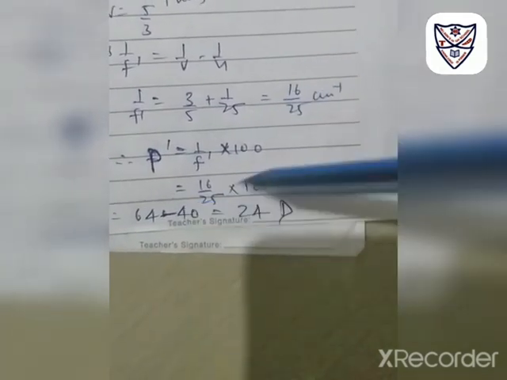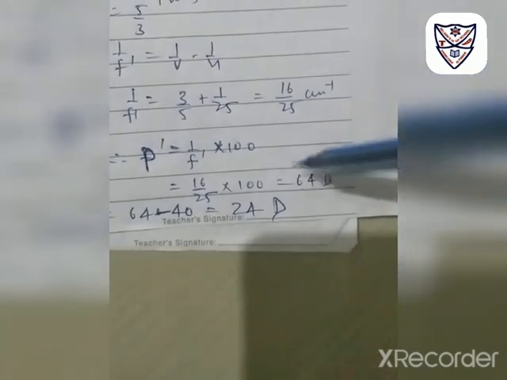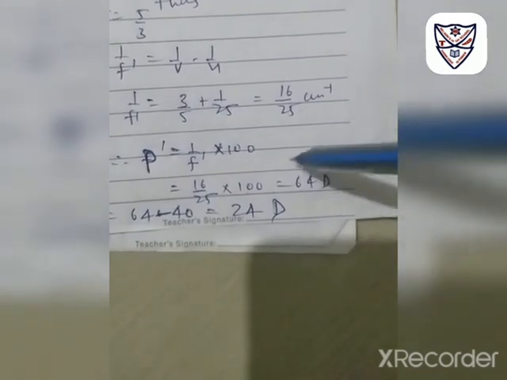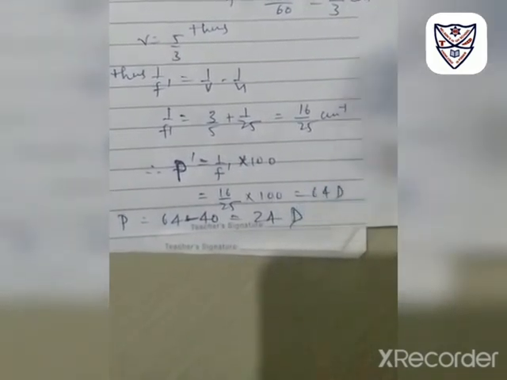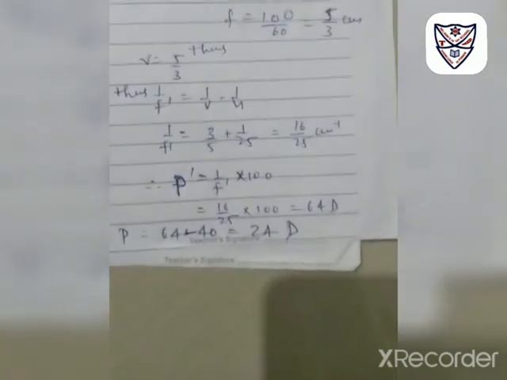Because it is multiplied by 100, so 64D you will get. So 64 minus 40 will give you 24D. That's easy.